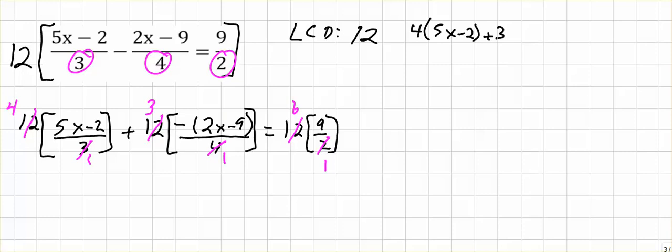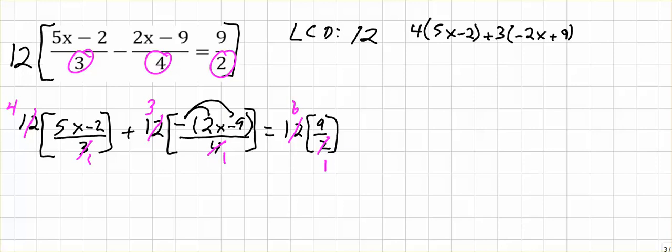Now before I write that, I'm going to go back to this problem here, and we have this negative, and I'm going to distribute it. So then I will actually get, in parentheses, a minus 2x plus 9. So the 2x is positive. If we multiply that by negative 1, we get a negative 2x.